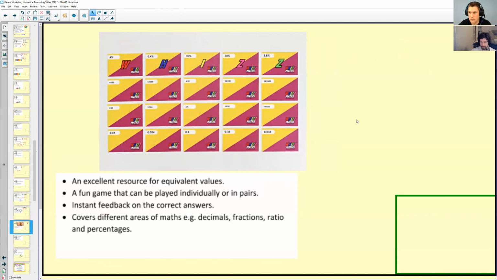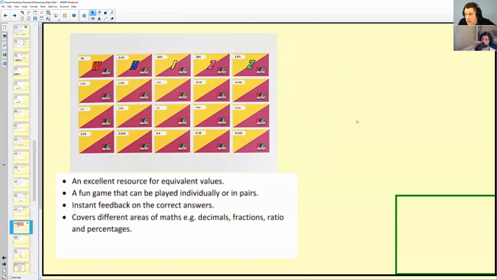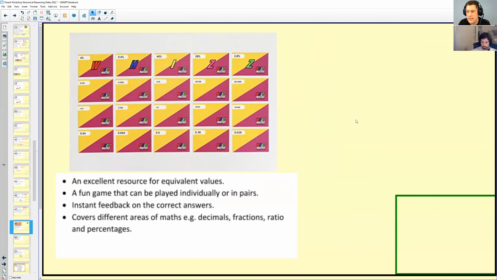Whiz Match, Mr. Pierce, is quite a good one. Yes, you are probably aware, but within a lot of our teacher lessons, we do like to use different games and activities that support whatever we're teaching. One of the very popular 11 plus games is something called Whiz Match.